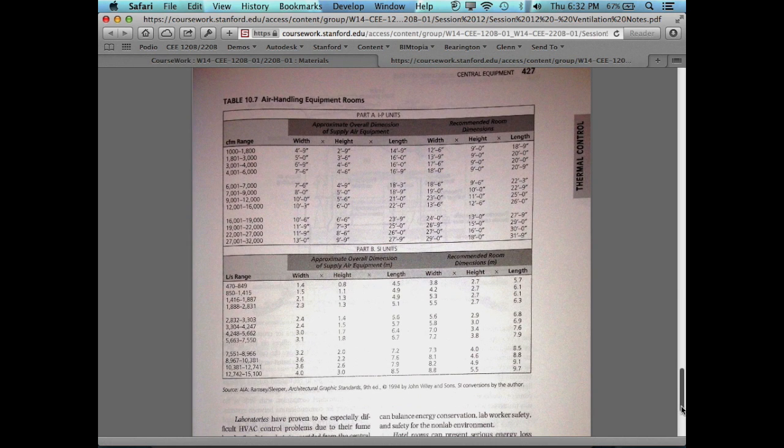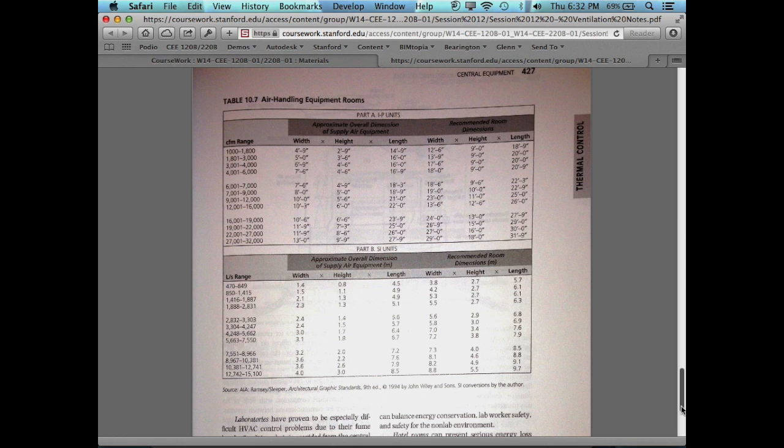In terms of these air handling rooms, the amount of room that's actually needed to take care of just the air handling equipment, you can almost start sizing it up based on the size of the load. So this is just some real rough guidelines about how big the room has to be.